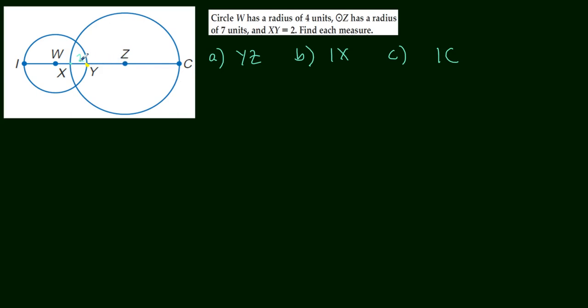As we said, WZ, or zeta, is 7 units. And XY is equal to 2.